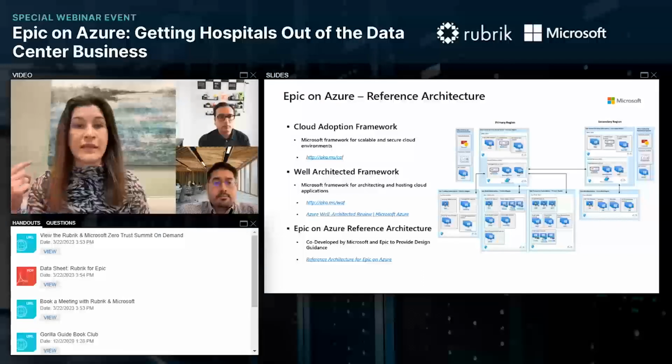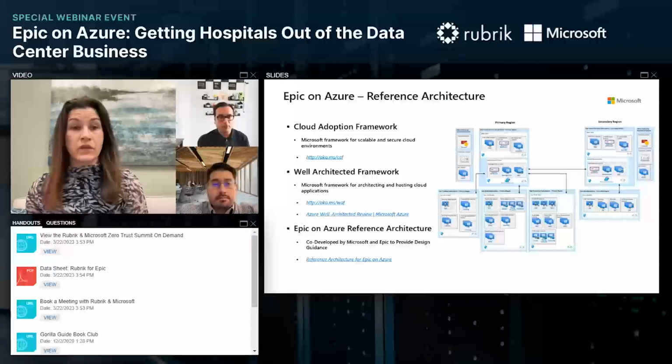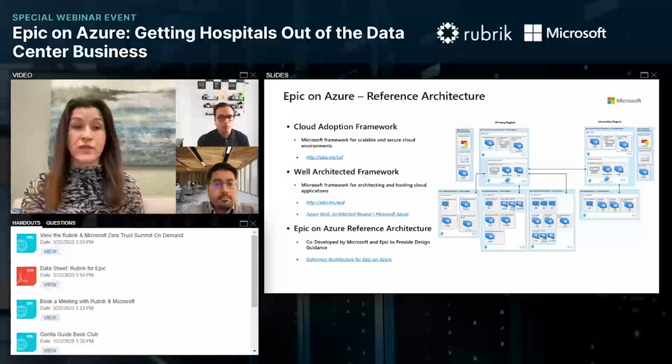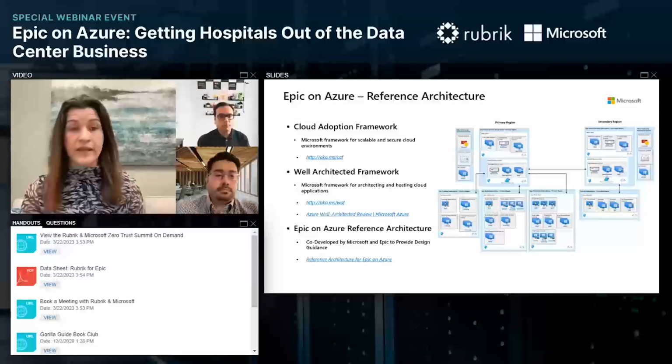If anybody missed those points, the part that's important is that you want to begin with something, at least in this case where we're talking about Epic as the starting point, because it is so critical. There are very specific operational and cost considerations prompting IT organizations to look at taking this data center out of the physical space, moving it to the cloud, and looking at the other things required to make sure it's still secure at the infrastructure and the data level.